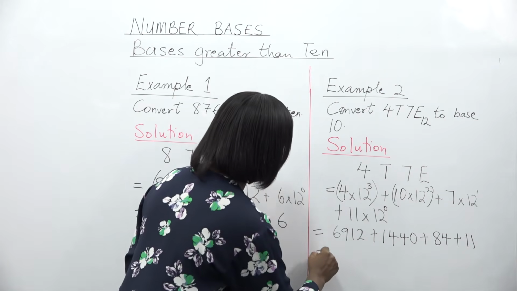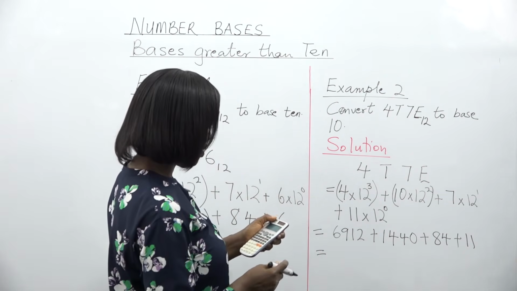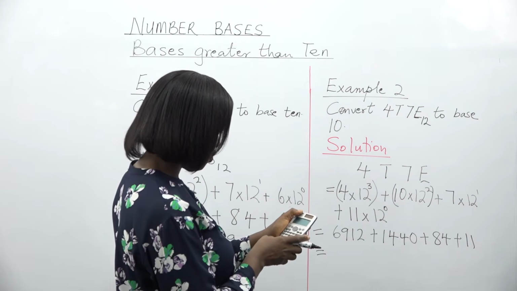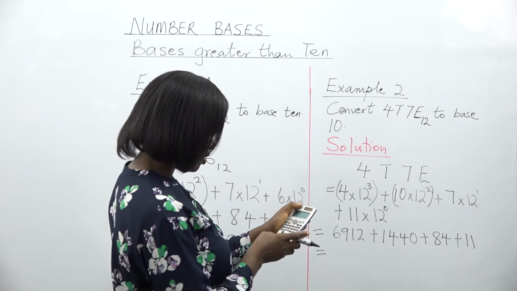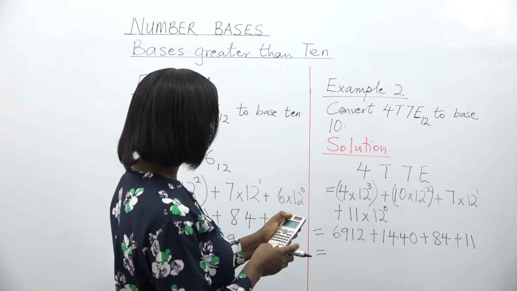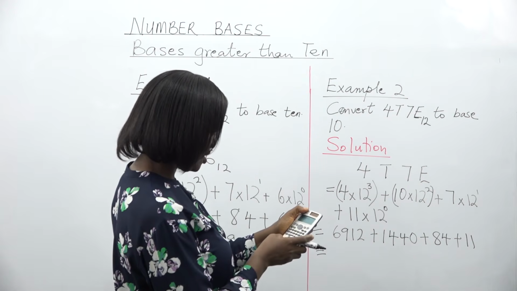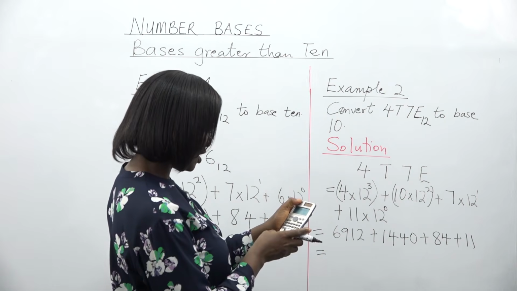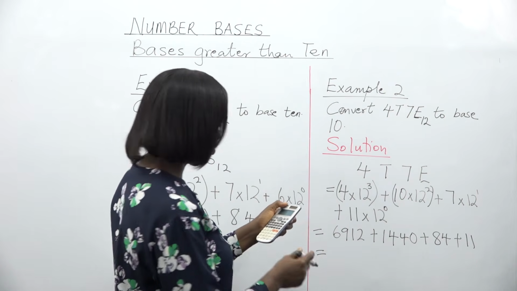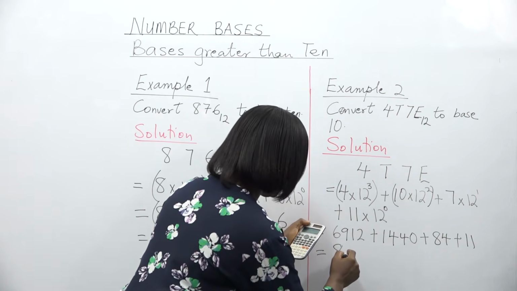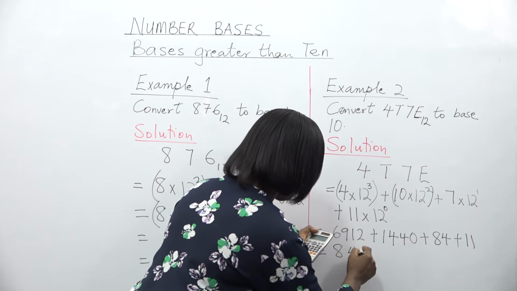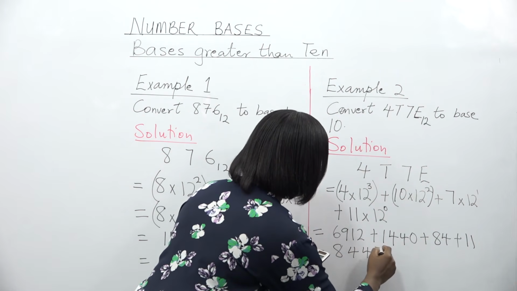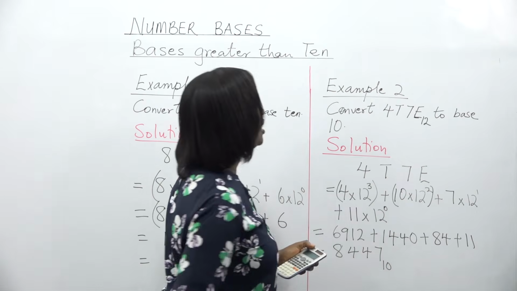So we'll find the total: 6912 plus 1440 plus 84 plus 11. And that is equal to 8,447 in base 10.